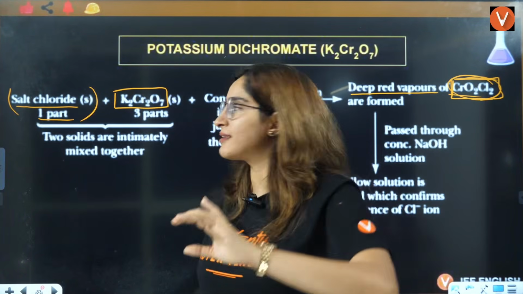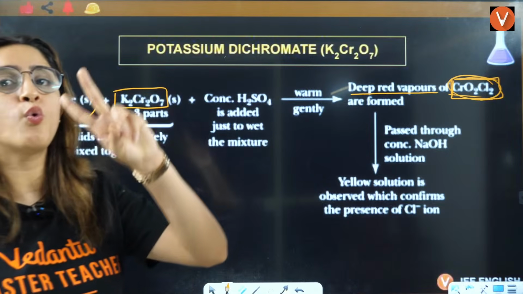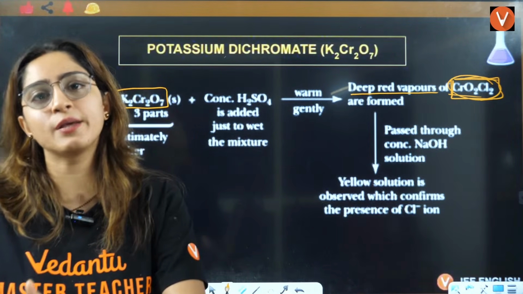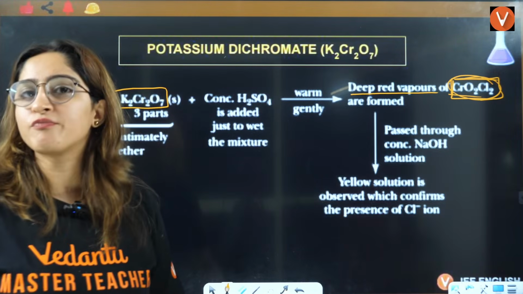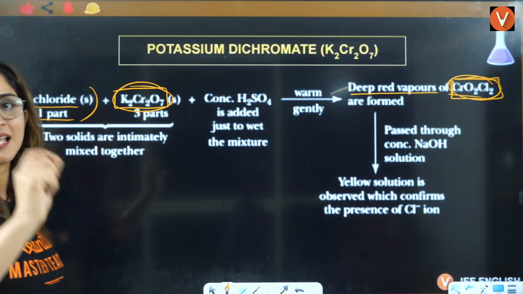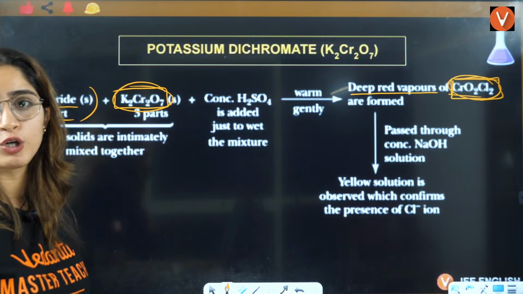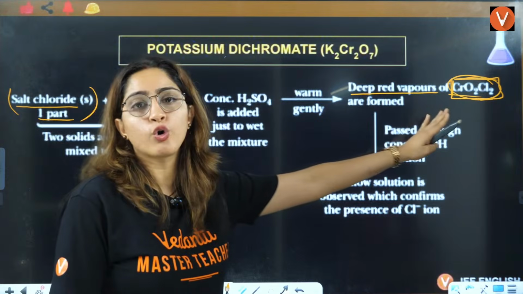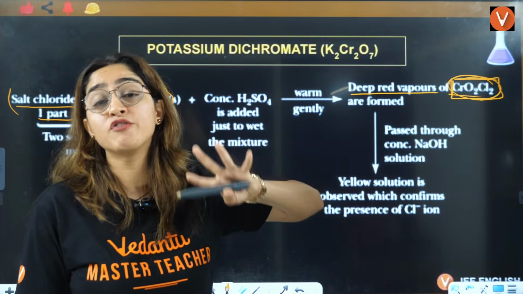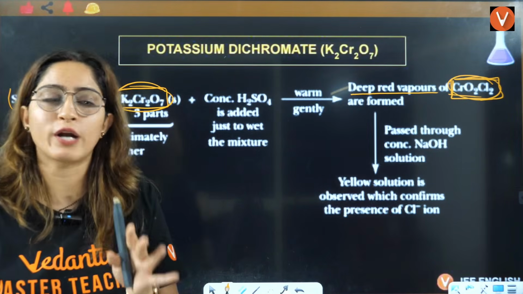In that, this is the reaction that happens. That's why it becomes very important, because it is there in two parts of the syllabus. One is practical chemistry, and it is used in the d and f block as well. So potassium dichromate is going to show you whether chloride as an ion is present in that salt or not. If you have chromyl chloride that has deep red vapors, then you can say that there is the presence of chloride ion.